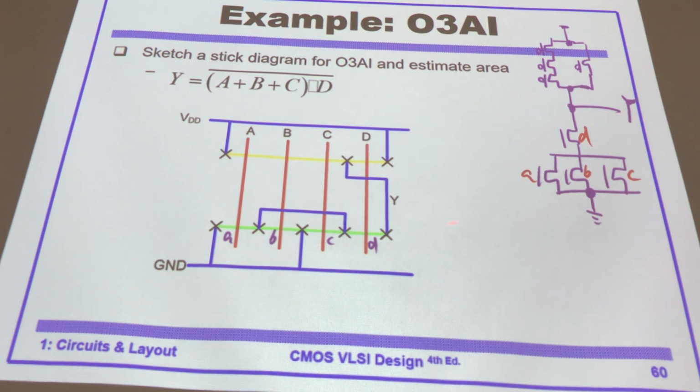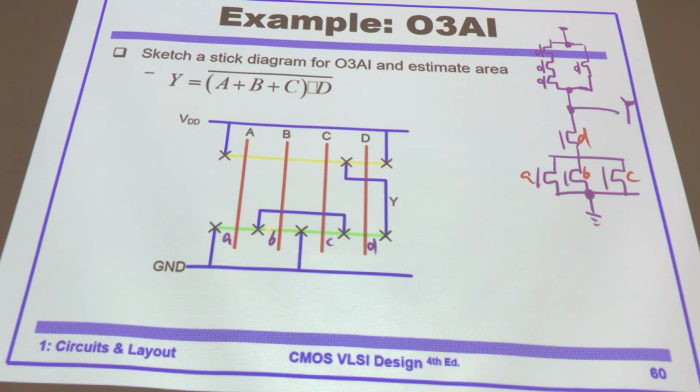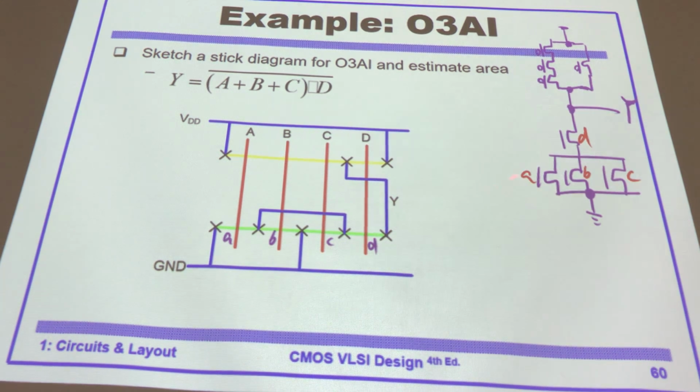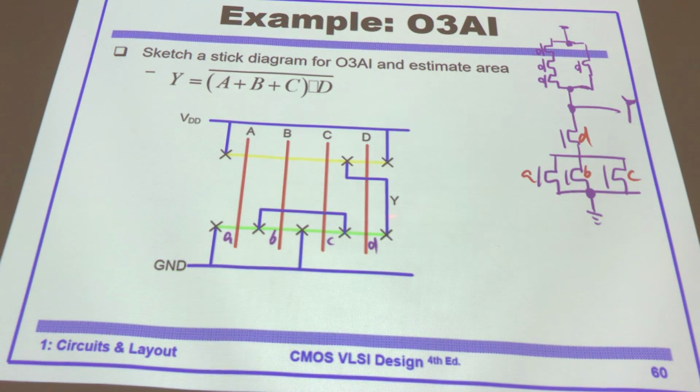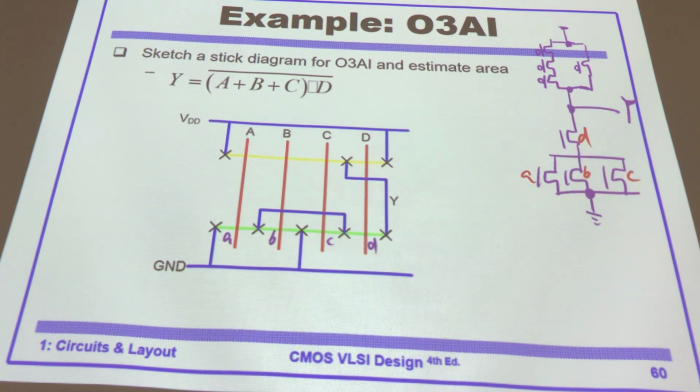Here, source terminal ground. Drain terminal is here. Okay, and then this actually connects A, B, C. So that's this point, connected to the D NMOS transistor in series. For the D NMOS transistor, one end is right here. The other terminal goes to the output here. So that's exactly the same circuit, the symbolic circuit and the stick diagram circuit.